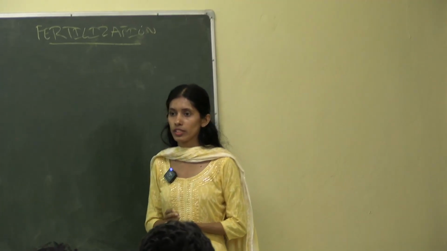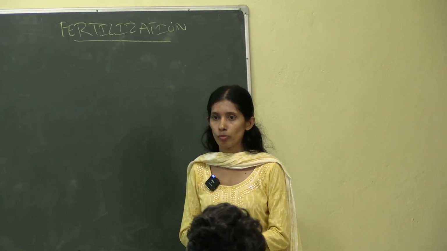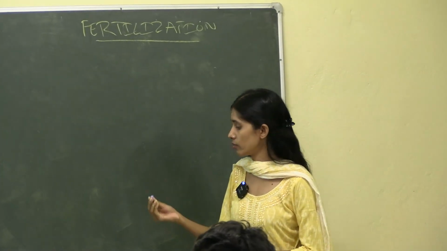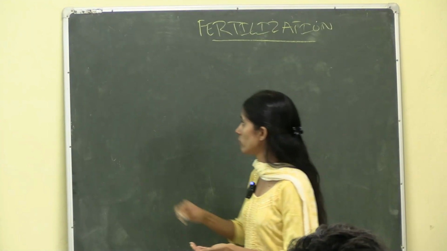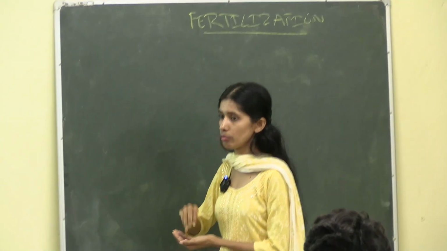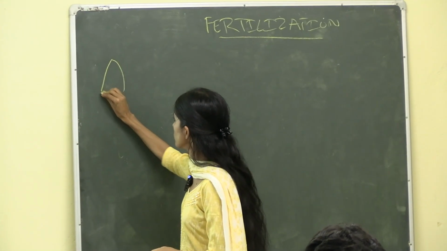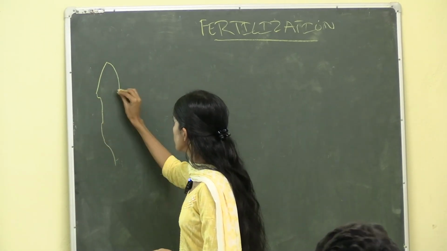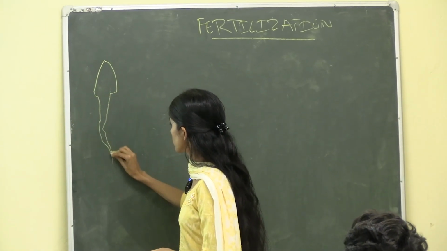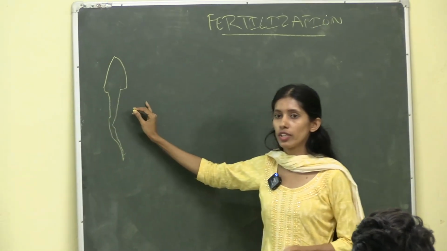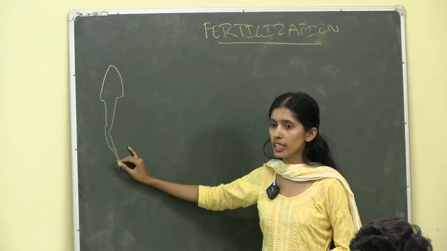First we'll start with the male gamete. What is the structure of the male gamete? We have the head, middle piece and tail part.